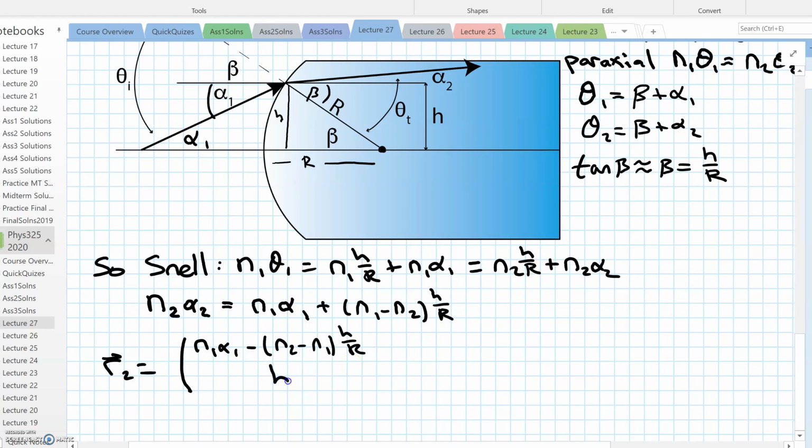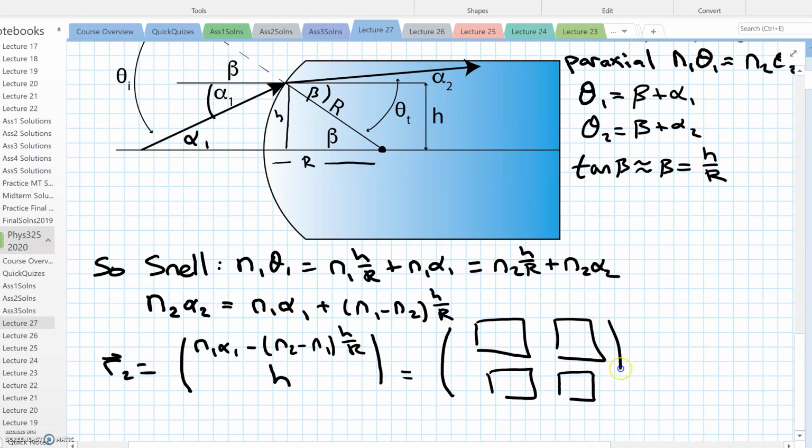H is equal to, again, blank, blank, blank, blank, times my input vector, which was n1 alpha 1, h.